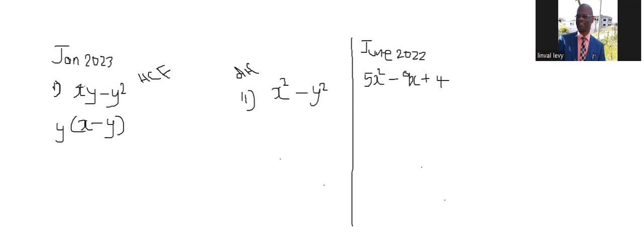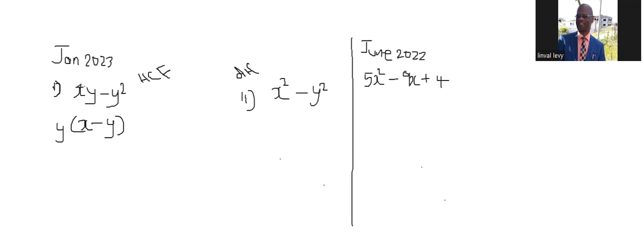The general formula for the difference of two squares is: a squared minus b squared is equal to a plus b into a minus b.